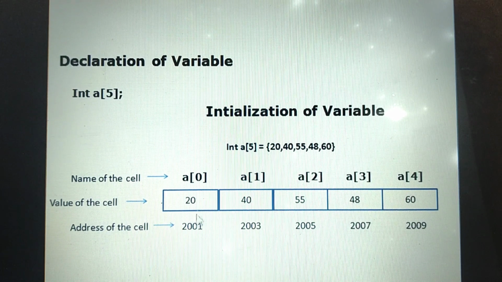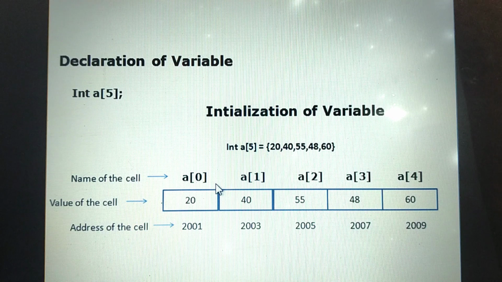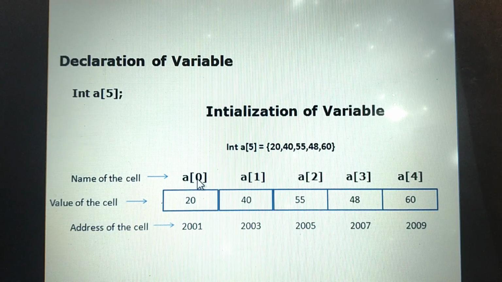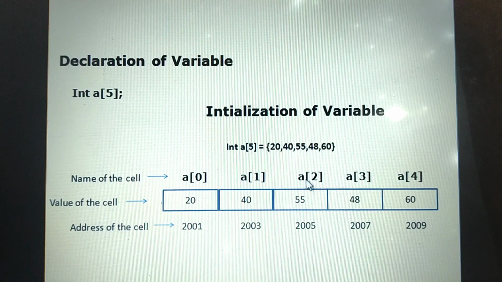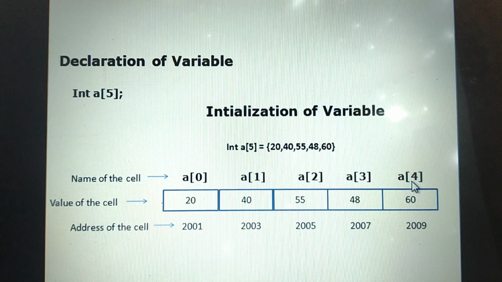The first element is a[0], the second a[1], the third a[2], the fourth a[3], and the fifth a[4].